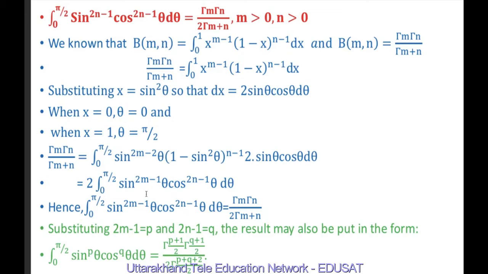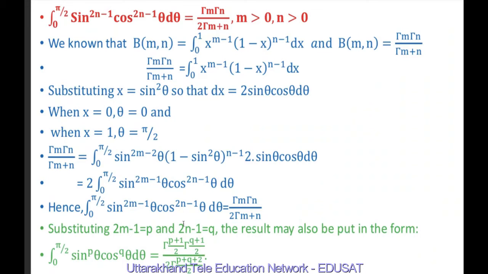And if we substitute 2m minus 1 equal to p and 2n minus 1 equal to q, then we get 0 to pi by 2 sine p theta cos q theta. What is m here? m is p plus 1 upon 2, so gamma p plus 1 upon 2. n is q plus 1 upon 2, so gamma q plus 1 upon 2, over 2 gamma of p plus q plus 2 upon 2.